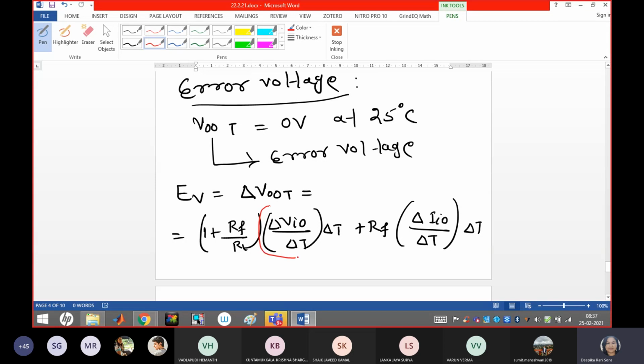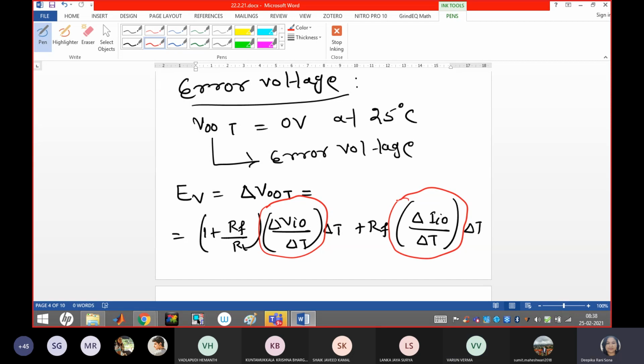Already I have shown you this part. What is this part and what is this part? Del IIO by del T, or 1 plus RF by R1 into del VIO by del T. Just now I told you: thermal drift voltage, in terms of input offset current, right?